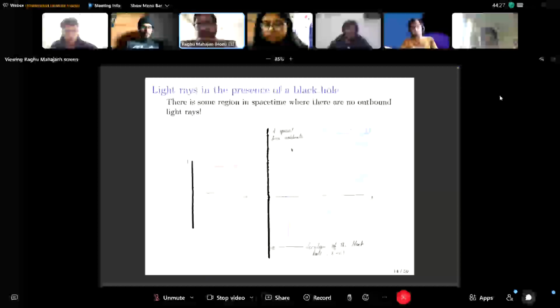That means there is a region between this black line and the green line from which light cannot escape. So there's a finite radius around the black hole center where light cannot make it out very far away from the black hole. It's kind of trapped.